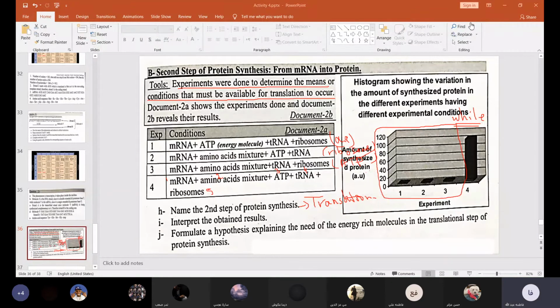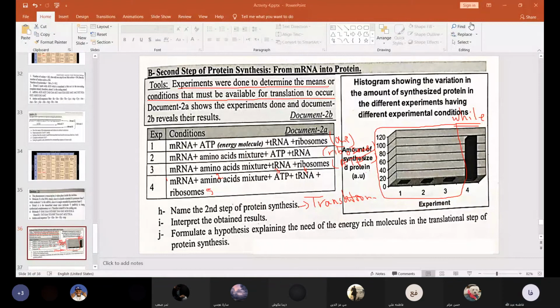At the first experimental condition, which is mRNA plus ATP plus tRNA plus ribosomes, and at the second, which is the amino acid mixture plus ATP plus tRNA, and the third, we have not, there is no synthesis, no protein synthesized.